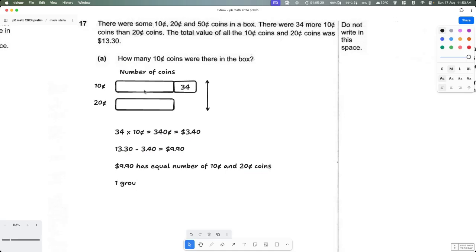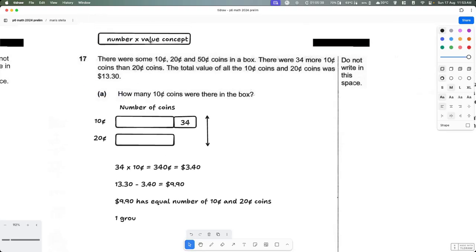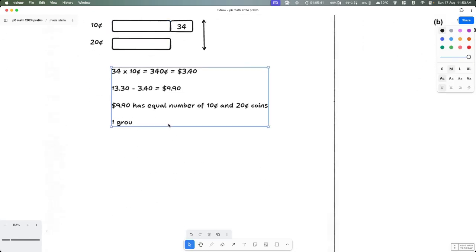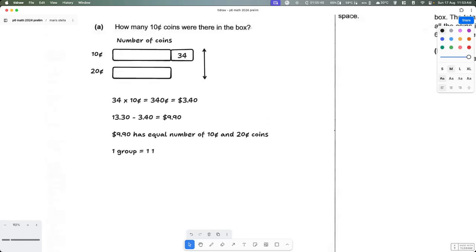Okay, so one group, this is number x value concept. For this, I'll just bring this whole thing to the top here. One group is equal to one 10 cent coin plus one 20 cent coin.